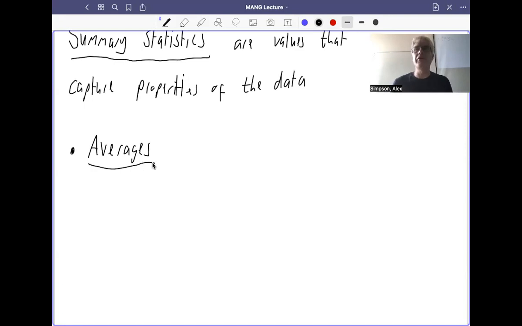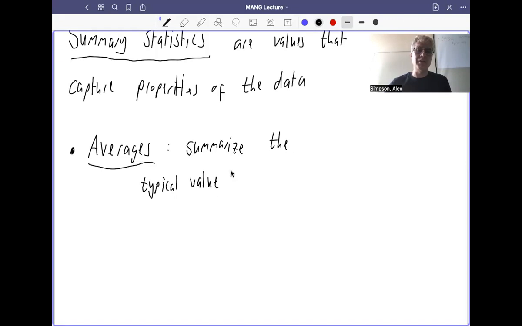And I guess you all know what an average is. As you probably know from high school or other school, there are different kinds of average. What the different kinds of averages share in common is that they all summarize the property that you might call the typical value.